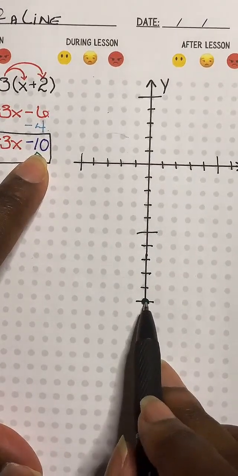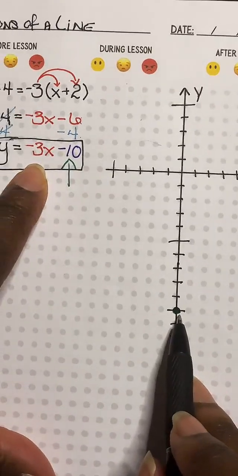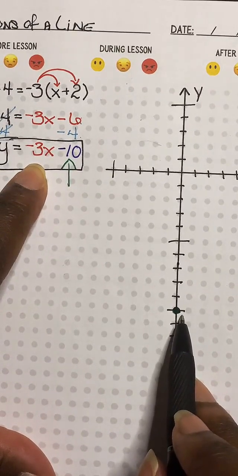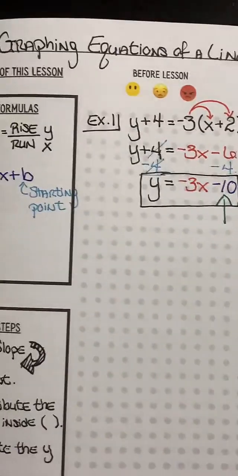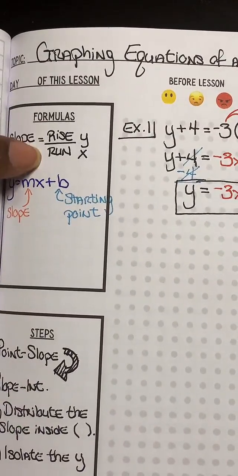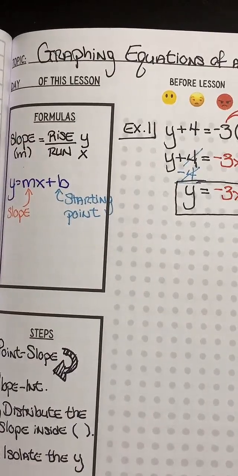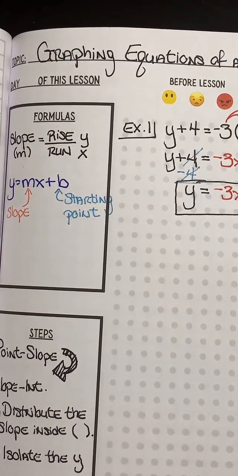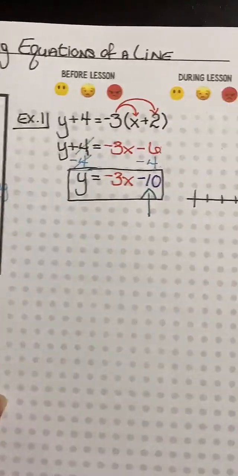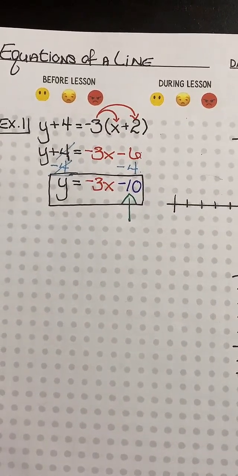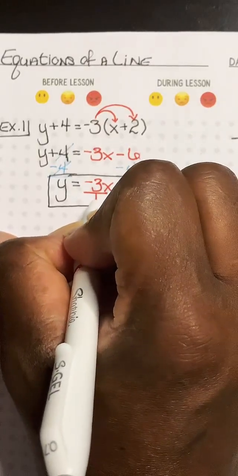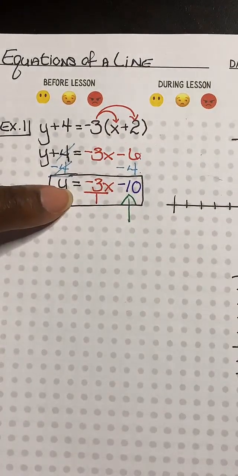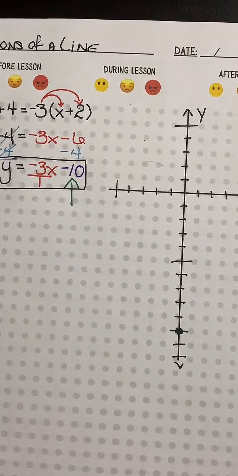So now, you're going to your slope. My slope is a -3. Now, if you recall, slope is rise over run. It's naturally a fraction. So when you have it as a whole number, we have to put it over 1. Make that whole number into a fraction.